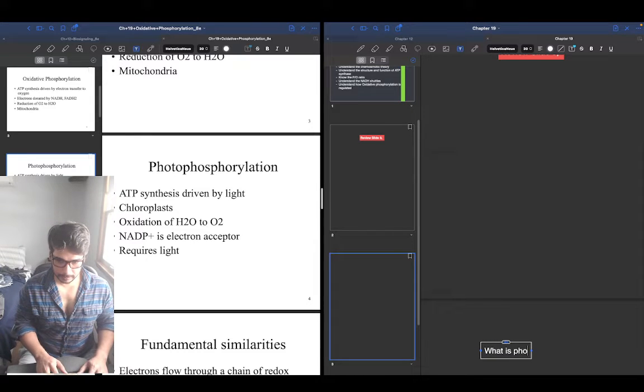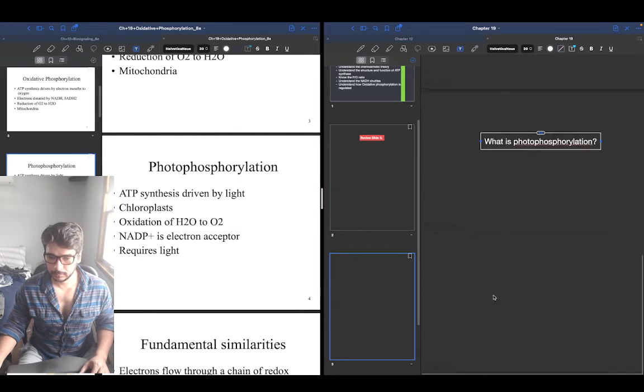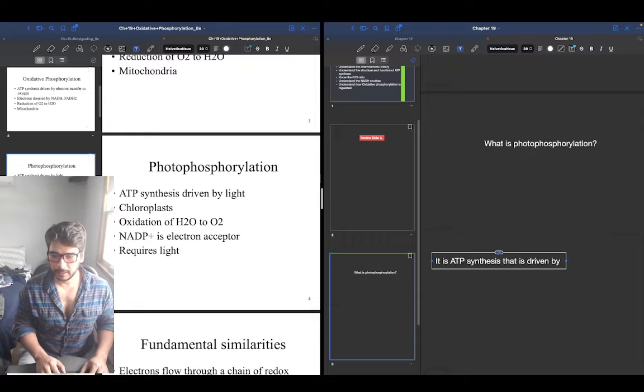What is photophosphorylation? True. It is ATP synthesis that is driven by light, performed by chloroplasts.